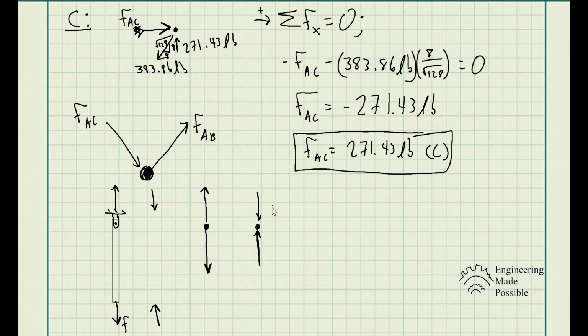So this is where that convention comes from, the way you draw your members in compression and your members in tension, right? One of them is pulling away from the joint while the other is basically pushing at the joint. And that's essentially the way we represent members in tension or compression.